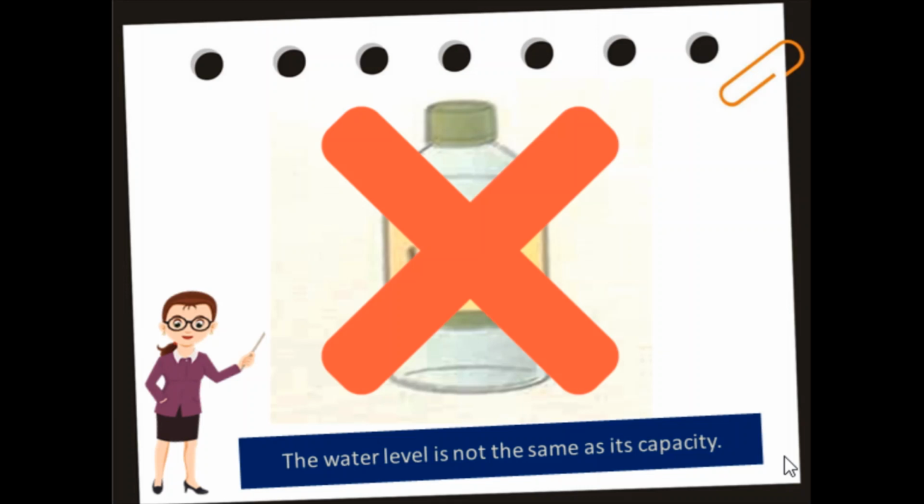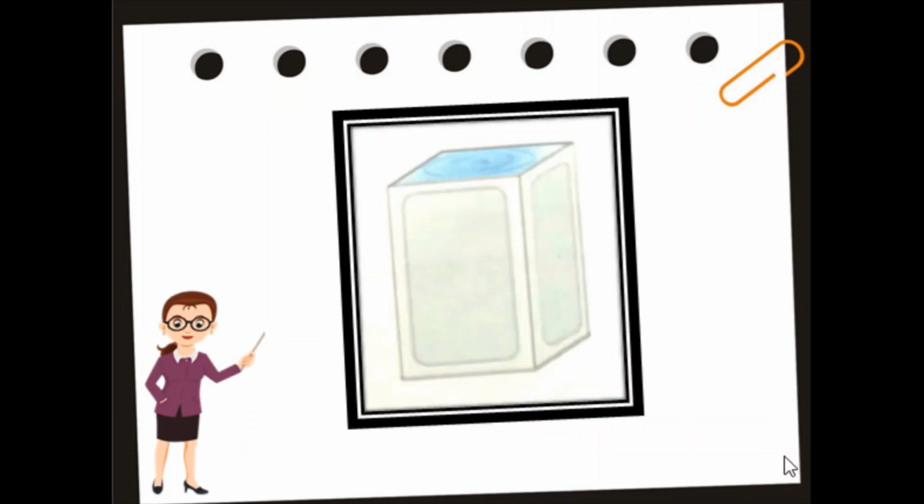Let's have another example. Look at this rectangular barrel. This is the end of the barrel and the water is also here near the barrel. Is the water level the same as its capacity? Yes or no? Yes, very good.